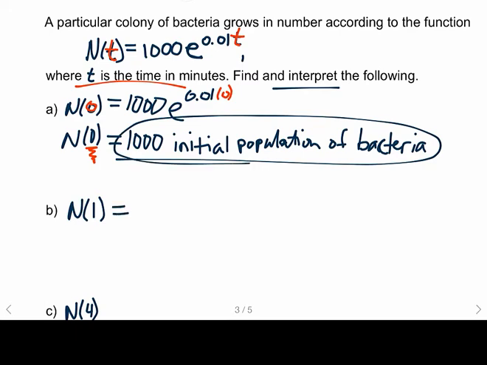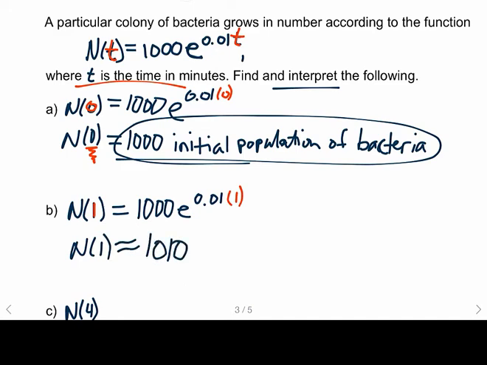For N(1), we're going to use 1 in place of t, and so N(1) is 1000e^(0.01 times 1). That calls for a calculator, and mine is telling me that N(1) is approximately 1010.05.